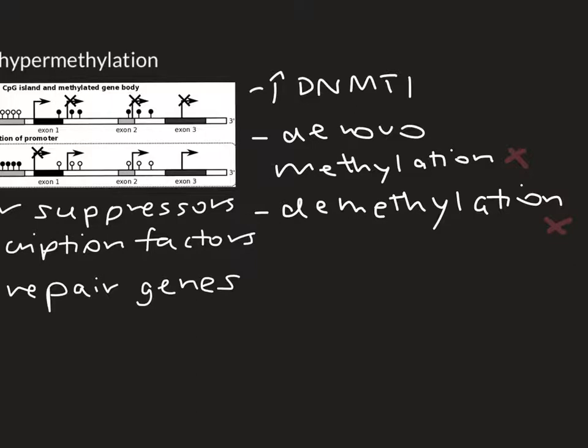An example of hypermethylation is that of the gene P16, which regulates the cell cycle. This can be found in colorectal cancers as well as other cancers.